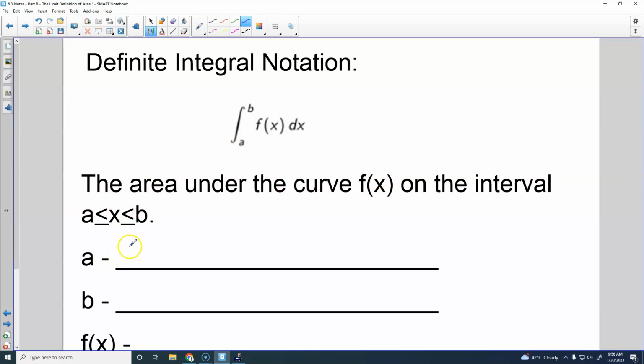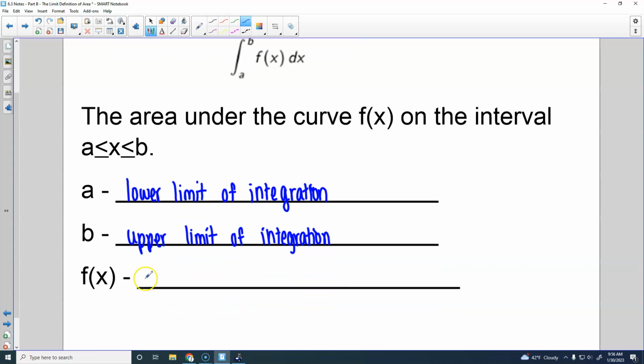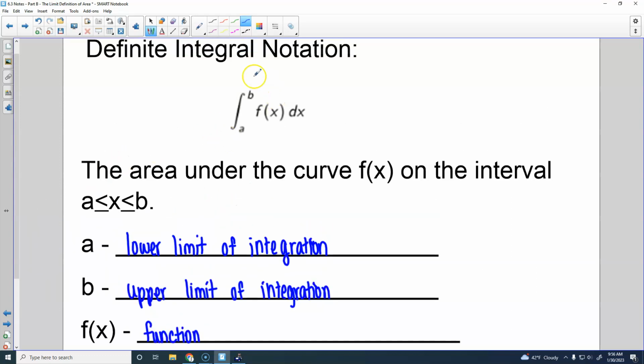We call a your lower limit of integration. b is your upper limit of integration. And f of x, of course, is just your function. Our book is going to use this notation some and ask you to find the exact area.